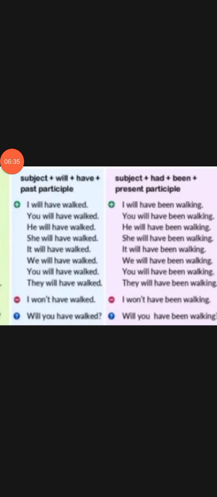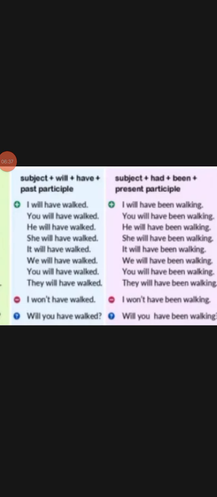For making an affirmative sentence, there will be subject plus will/shall plus have plus verb third form, then object. Listen again: subject plus will/shall plus have plus verb third form plus object. Now let's see one example.